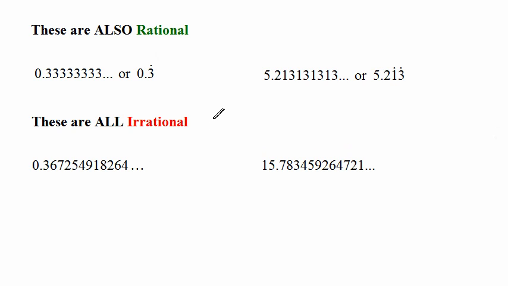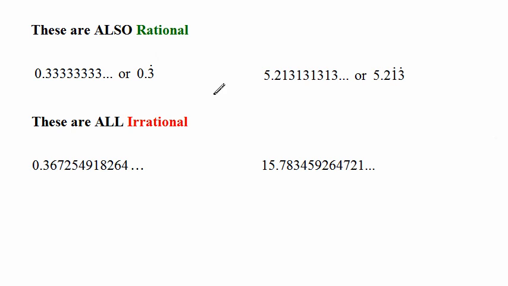However, there is a significant difference between the rational and irrational ones. In these examples here, there is a repeating pattern. In this example here, 3 is being repeated, and in this example here, 1 3, 1 3, 1 3 is being constantly repeated. Whereas in these examples, there is no repeating pattern whatsoever.